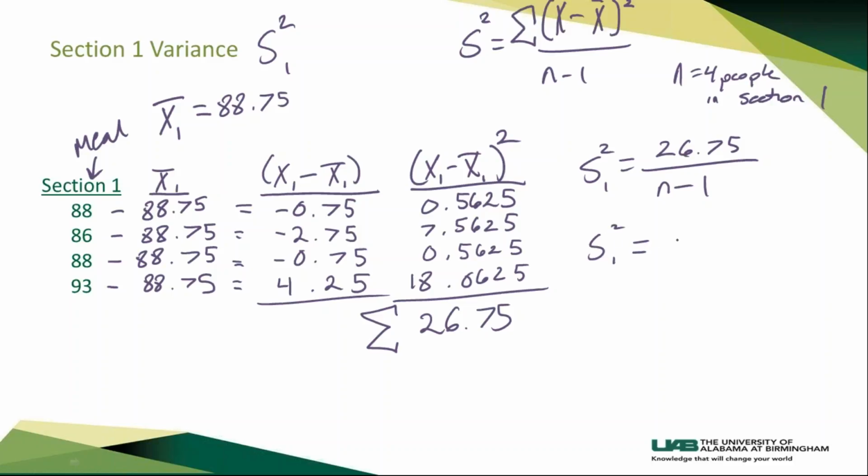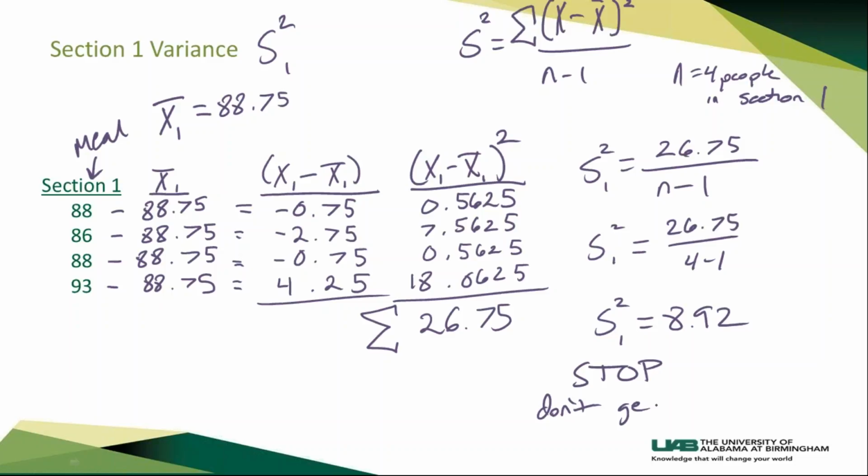It's going to reduce down to 4 minus 1. So the variance for section 1 is 8.92. And we stop there. We don't need the standard deviation.